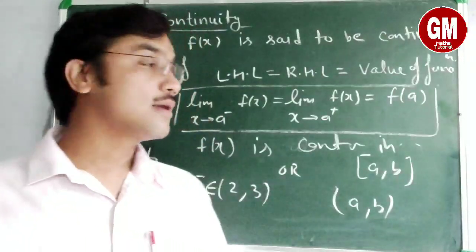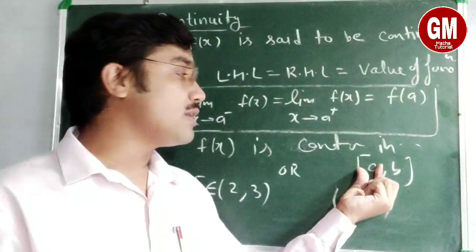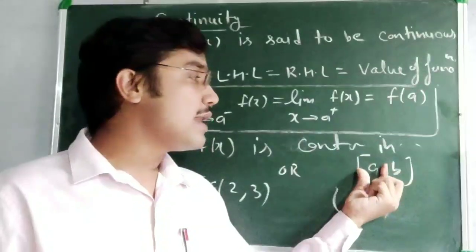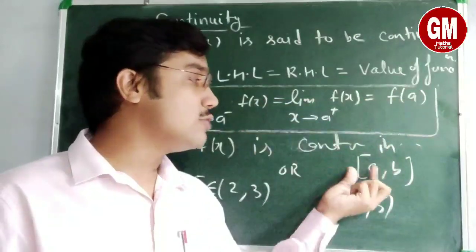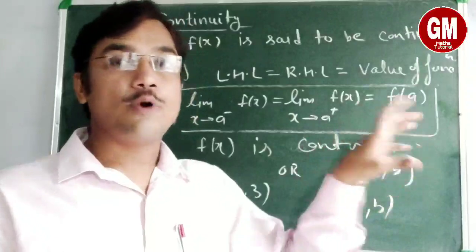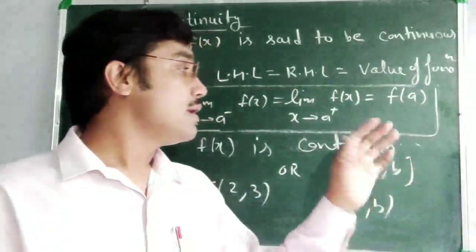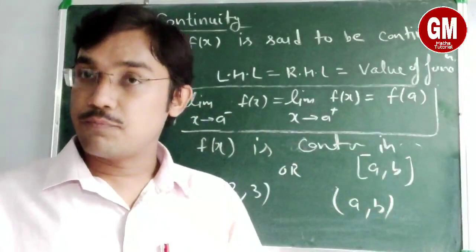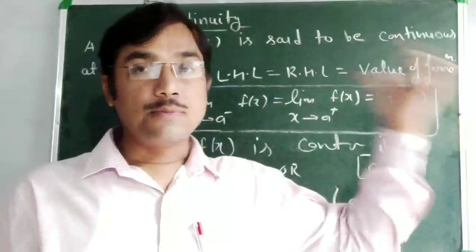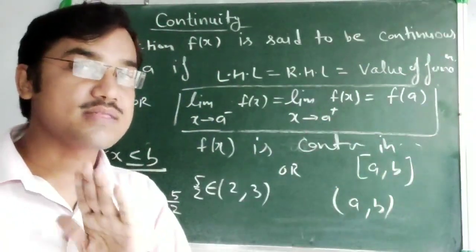Then you check the left hand limit at point a, the right hand limit at point a, and the value of function at point a. If these are equal, then the function is continuous at point a. Similarly we check the point b. If both exist and give finite limits equal to the left hand limit, right hand limit and value of function at a and b, then we can say that the function is continuous everywhere.